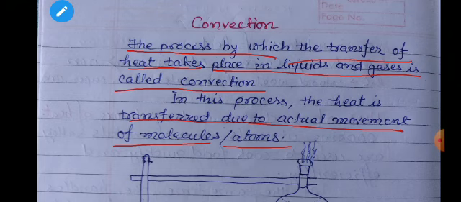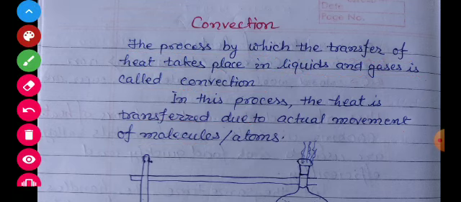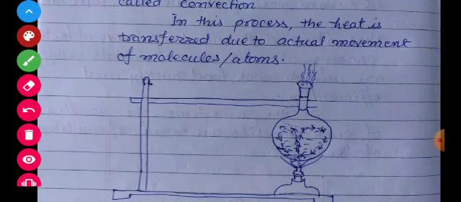For that, we can do one experiment. In that experiment, students, we'll have to take one conical flask and fill it with water. After filling the conical flask with water, we will arrange it with the help of a stand.